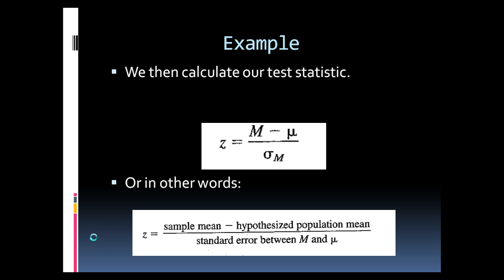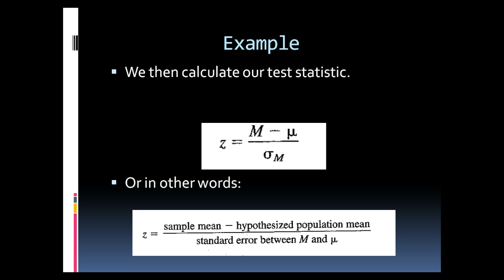Then we calculate our test statistic. When I say test statistic, I'm referring to what you calculate from your sample data. So it's the sample mean minus mu, which is whatever you hypothesized. In this case, we hypothesized mu equals 80.